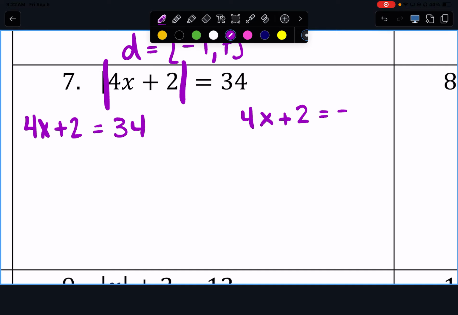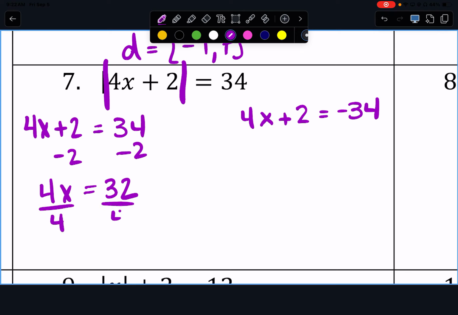And we will subtract 2 first. So what is positive 34 minus 2? 32. So how do I solve 4x equals 32? X equals 8. Now, for the negative side, what do I do first? Subtract 2.